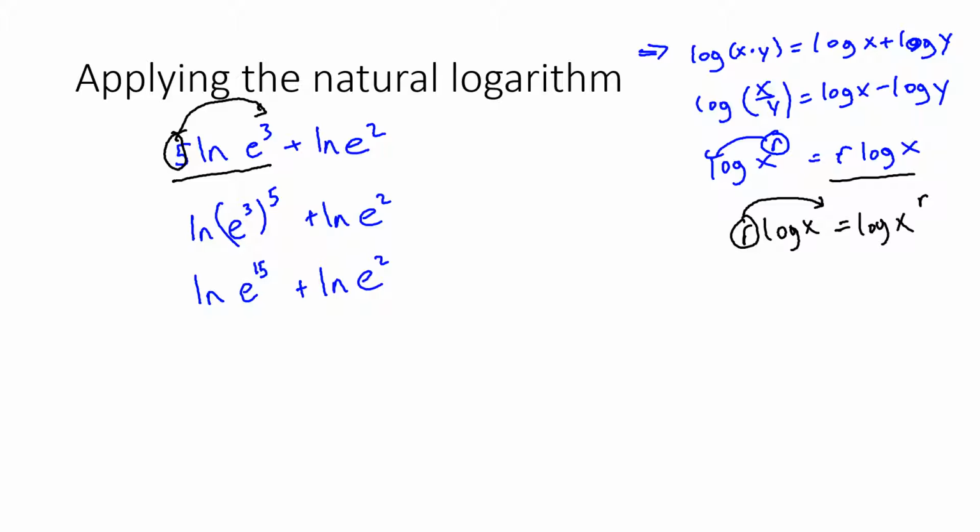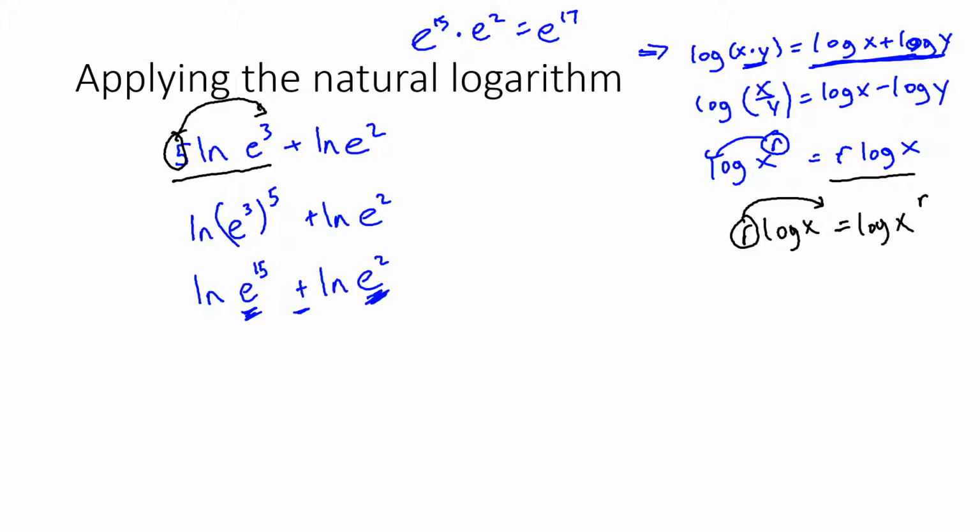Remember this rule? So we know that when we're adding logs, it's the same as multiplying the arguments. So here we're adding the logs, so we need to multiply our two arguments. So if we do e to the 15th times e to the second, what's going to happen? Well, we're going to end up with e to the 17th.